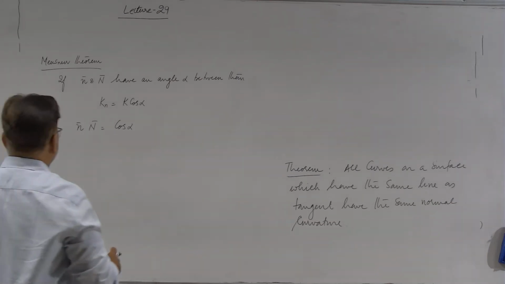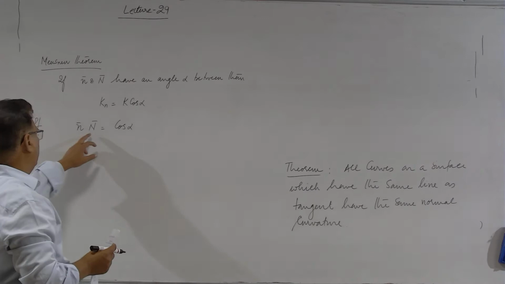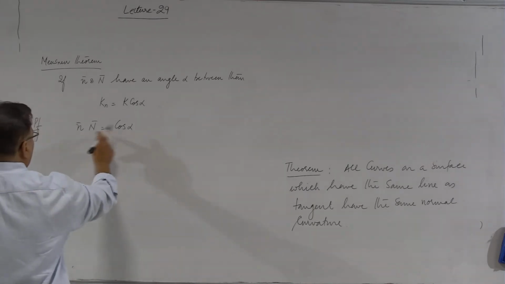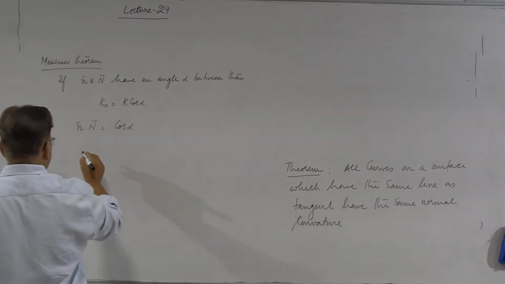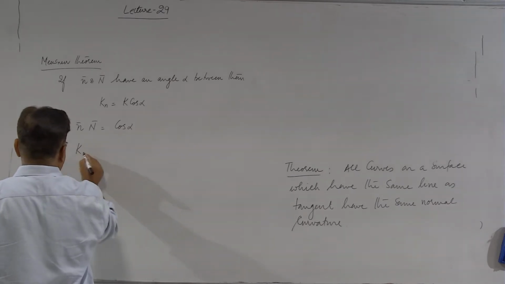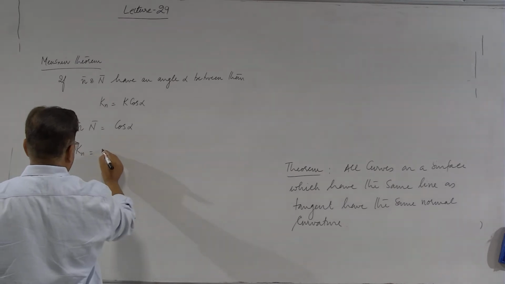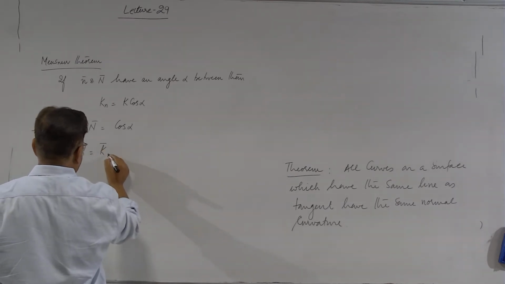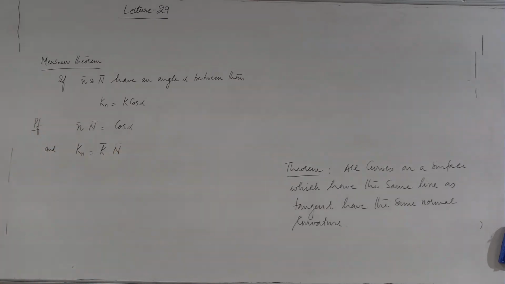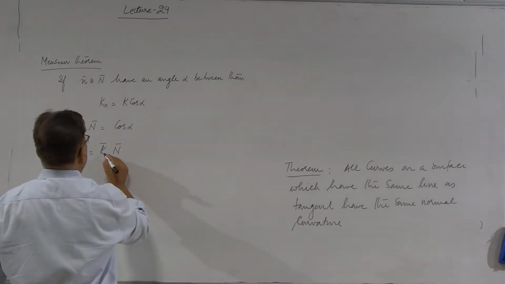By definition, Kn is nothing but Kn bar dot N bar.